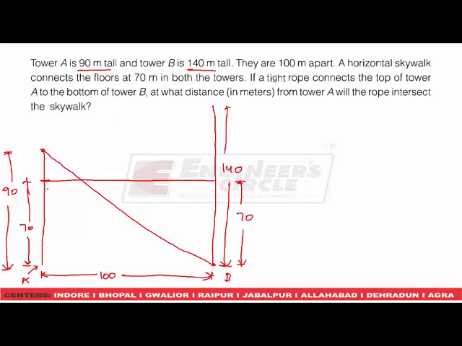So this is tower A, and we have to find out this distance. This is our skywalk, this is our rope, they are intersecting at this point, and we have to find the distance from tower A. So let it be x. It is a simple direct question. We have to just apply the similar triangle property.